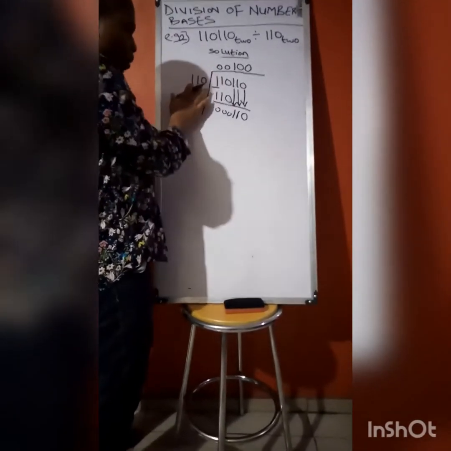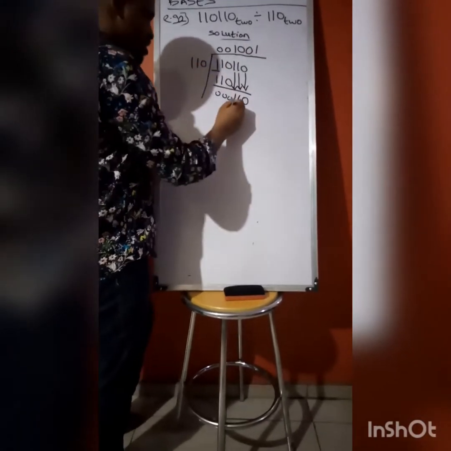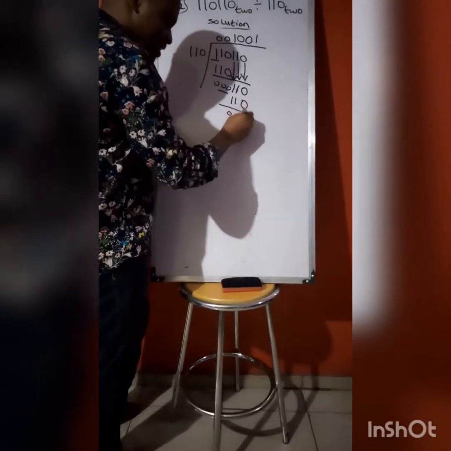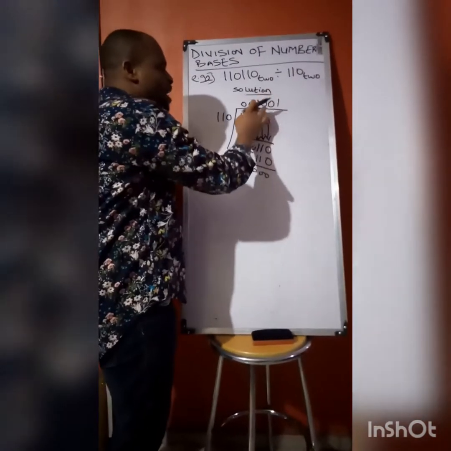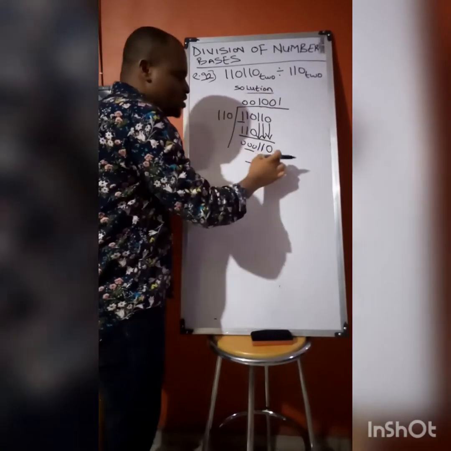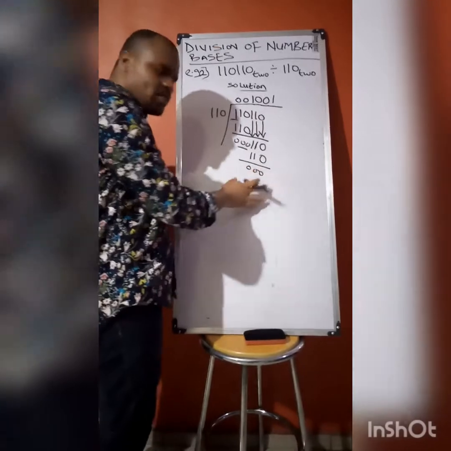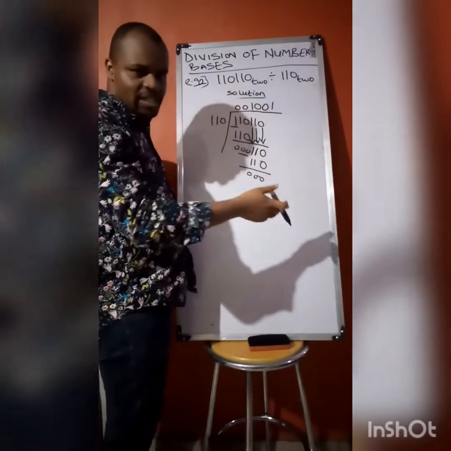0. 110 in 110 is what? 1. 1 times this is 110. If I subtract, I'll be having everything as 0. Now somebody will ask me that, when I put this 0, why didn't I multiply to give me 0? It's still the same thing. It's not significant. That's why I just left it this way and just brought down the next digit and the next digit.